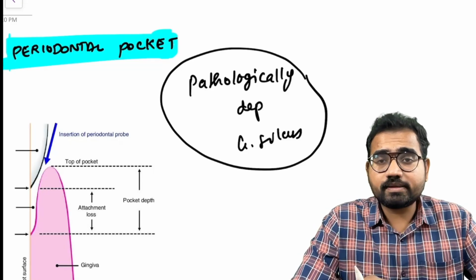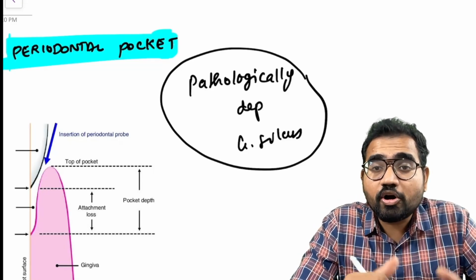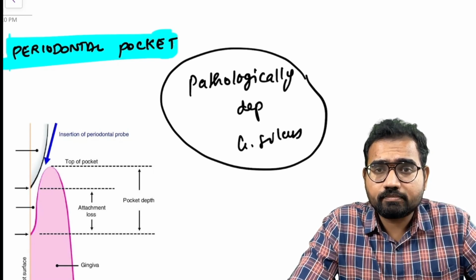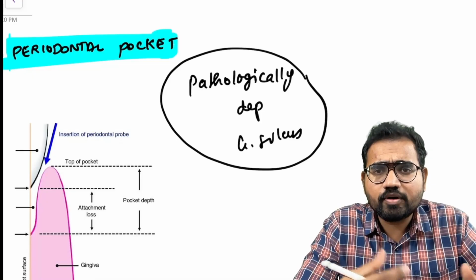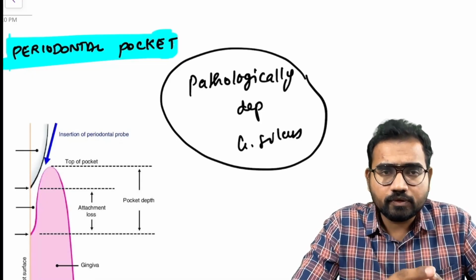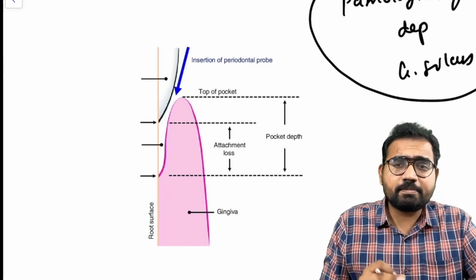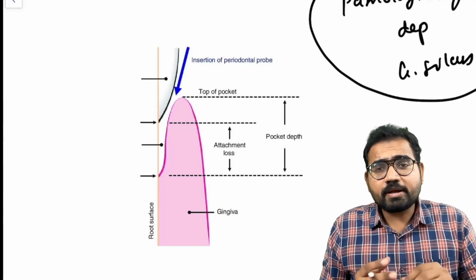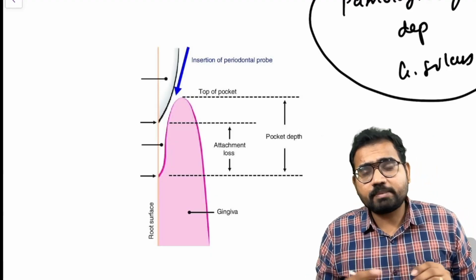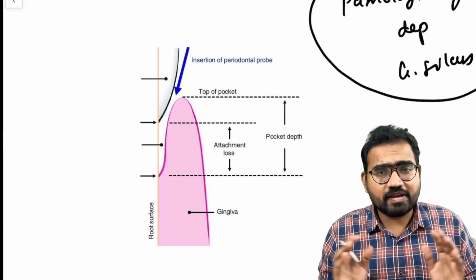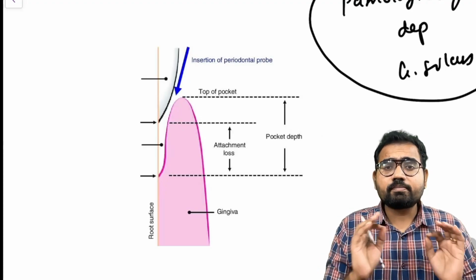Any sulcus which has gone beyond the limit or beyond the normal probing depth becomes pathological, and we are going to call that a pocket. As we discussed earlier, what are PPD and CAL? Depending upon the attachment loss and the probing depth, we determine whether the patient has mild, moderate, or severe periodontitis.